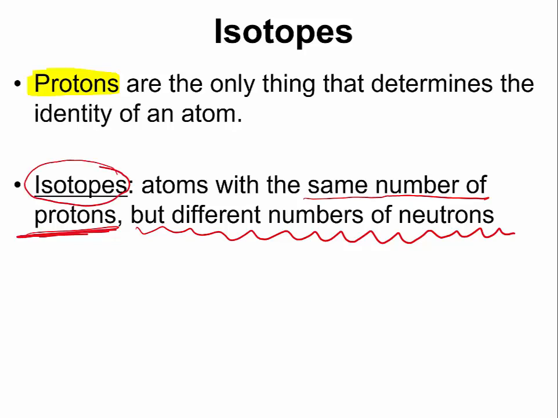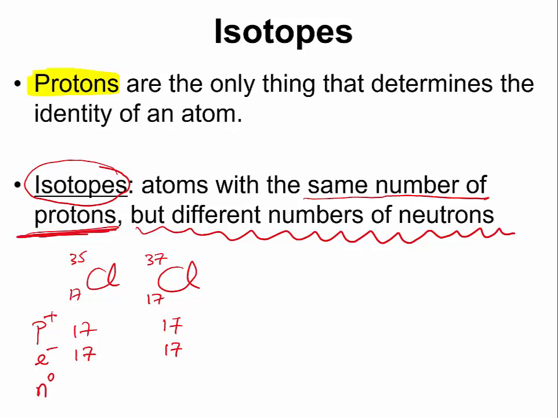For example, take a look at these two isotopes, chlorine 35 and chlorine 37. The number of protons in each of them is 17. The number of electrons in each of them is also 17 since they are neutral.